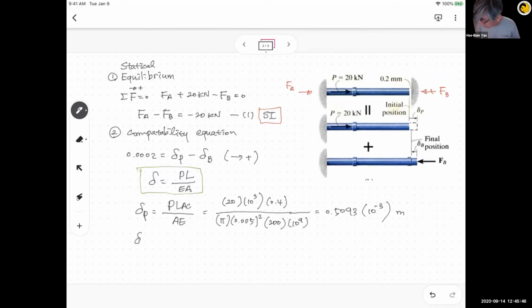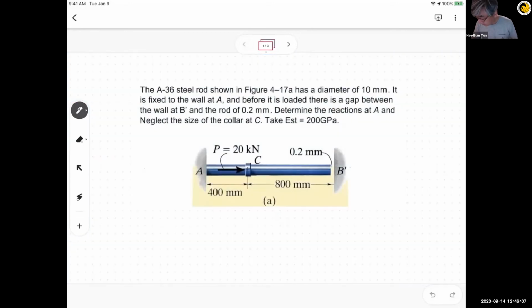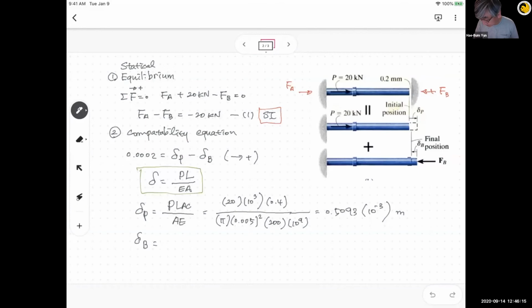And delta B is, now I'm solving for the second. George, 0.4 is this length. Yep, that's correct. P, no, not P. We're solving for FB, right?